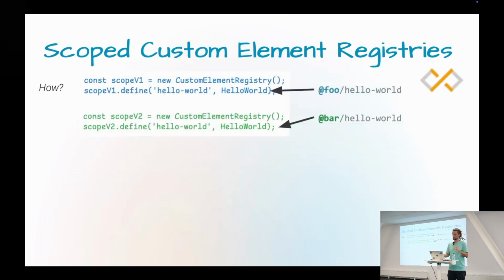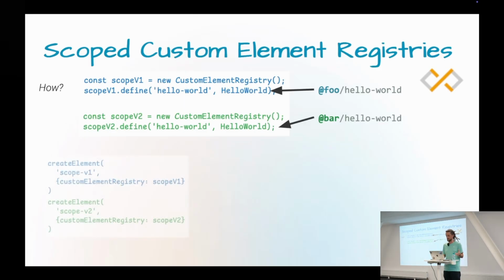So thankfully, there is a new thing coming to the browsers called scoped custom element registries, which are suited for these particular use cases. So you will need to create the registry on your own, define the specific element within that registry. Then when you're going to create the scopes, again, you're going to need to reference the particular registry.